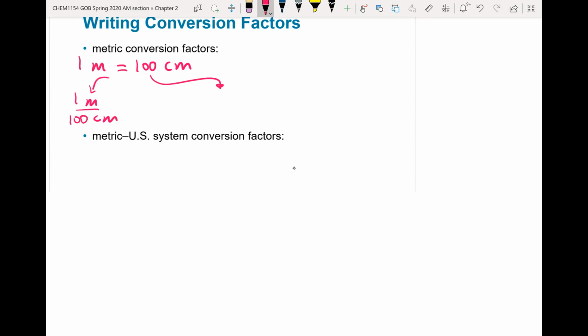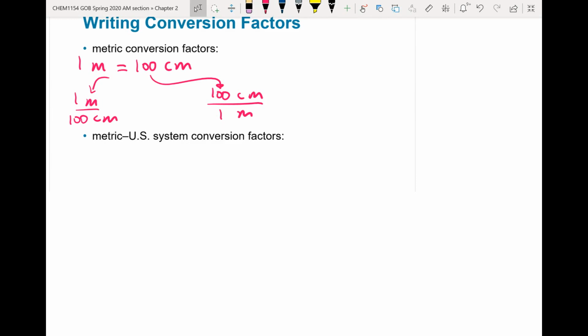What's the other conversion factor? 100 what? 100 centimeters over 1 what? Meter, right? So I'm not picking on you, you want to keep track of the units, right? So don't just put the numbers in, put the units in as well. They're very, very important, extremely important.